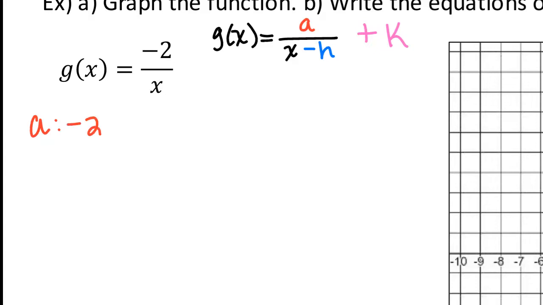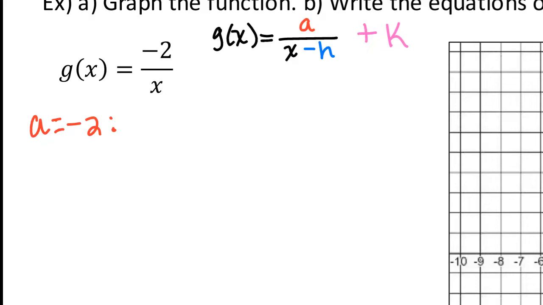So this time, our a value tells you two things. It tells us two things because of the negative and because of the 2. That means two different things. So let's see if you guys remember what that means. Go ahead and righties tell your partner, what are the two things that A is telling us? And if righties don't know, then lefties, you guys can talk together.